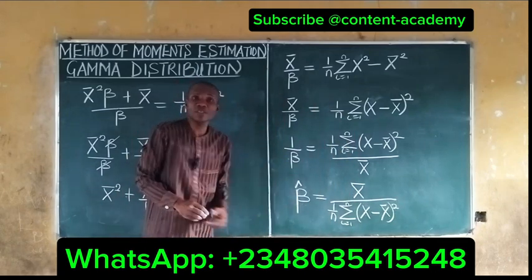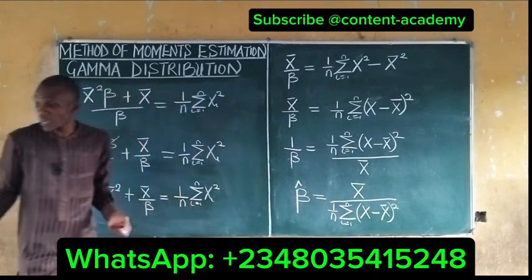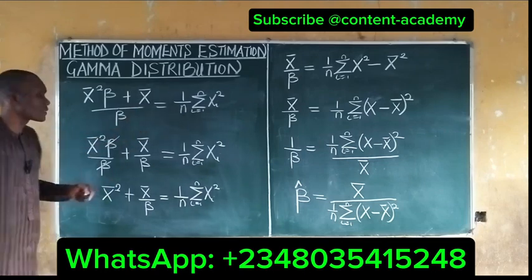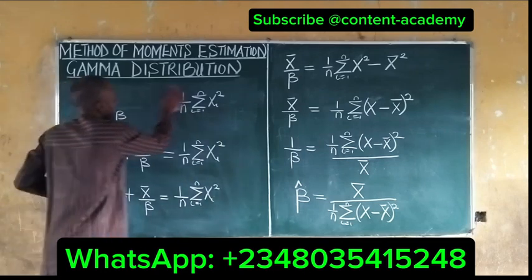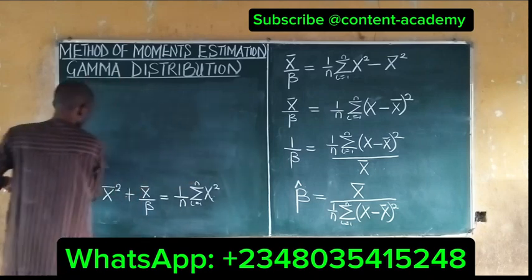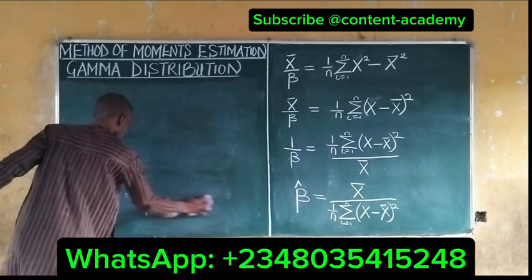So this is our estimate for beta. Now we have to move over to this side of the board to write it out properly. That means the estimate for alpha and beta, because we are asked to estimate alpha and also estimate beta.